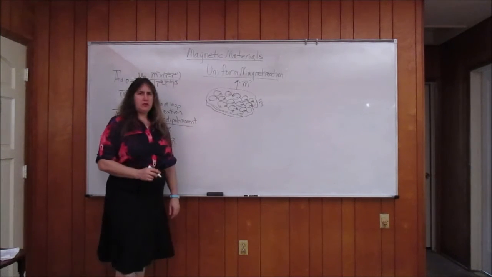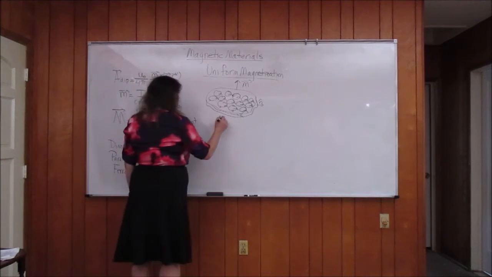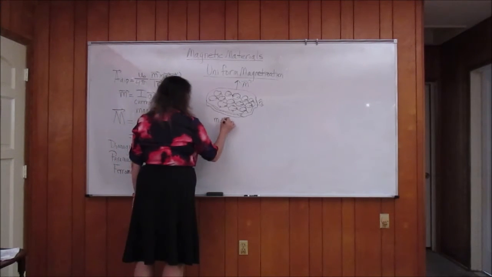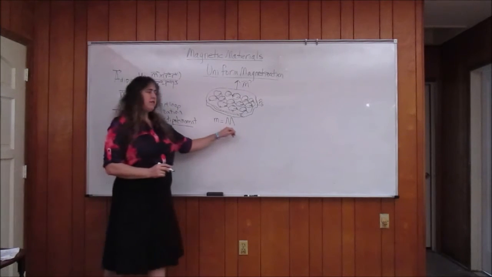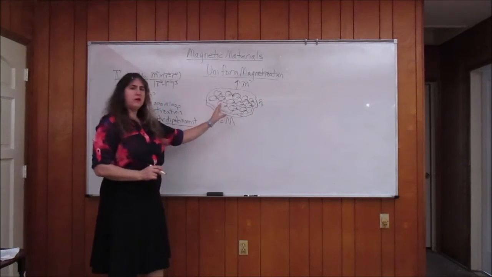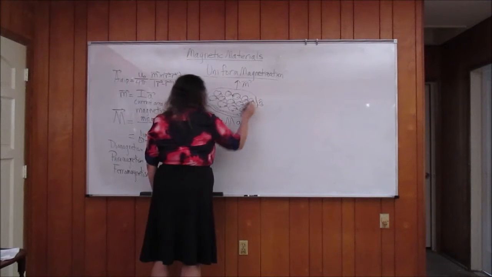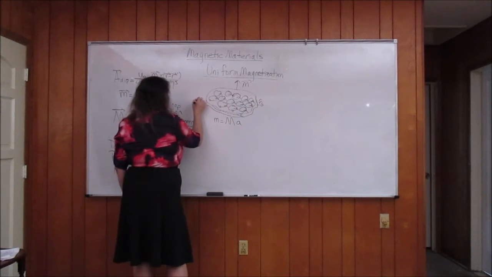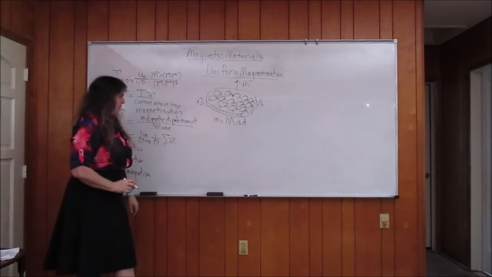Since we are assuming that each of these little dipoles is the same, I can write my magnetic dipole moment as magnetization times the volume. That's the volume of one of these little current loops, of area A, and we'll assume this slab has thickness D, so it's M A D.